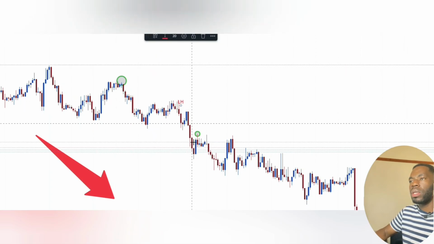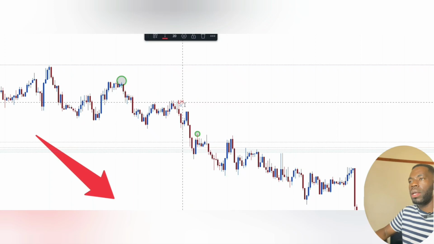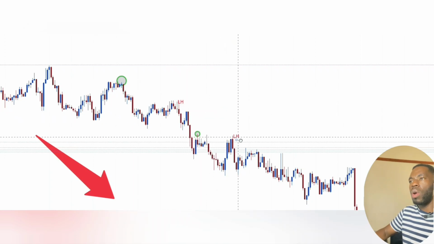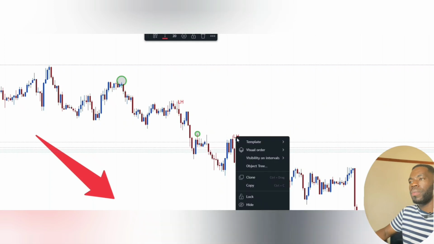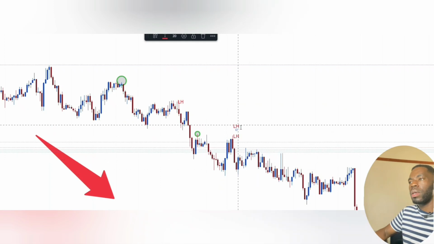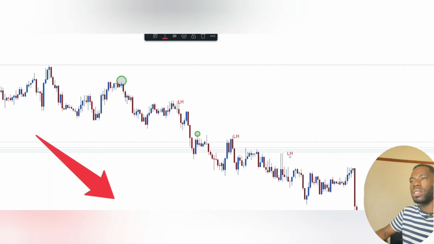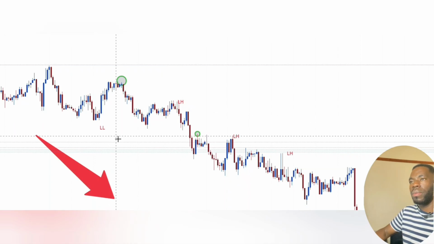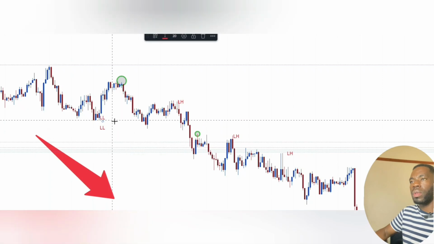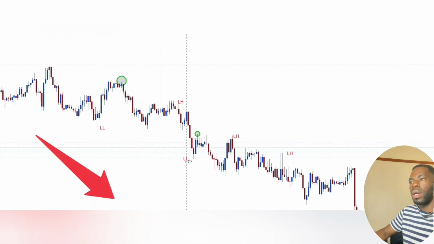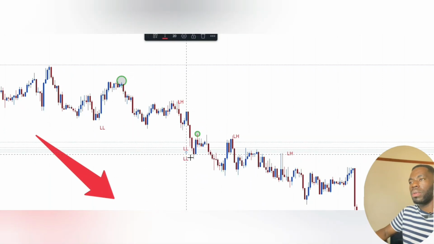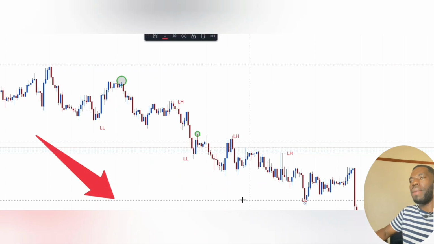This is another lower high. This is a lower low. Down here are the lower lows. This is the lower low. Another lower low. Another lower low. This is in a bearish market.